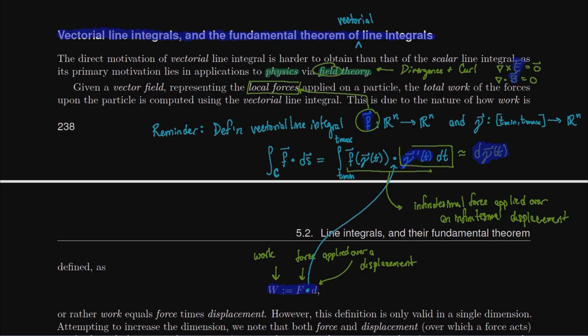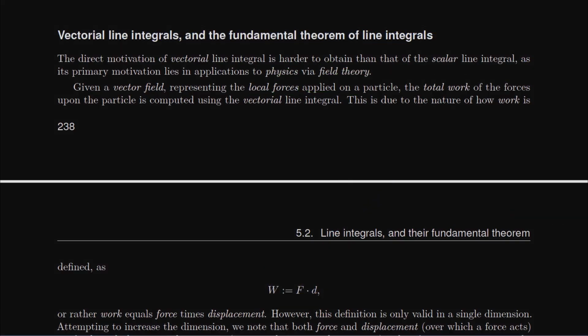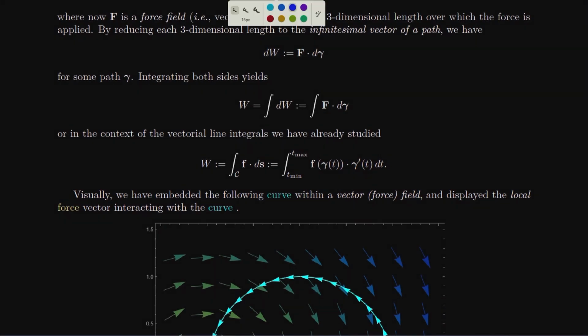You can break the path into infinitely many infinitely small vectors. That's what d gamma really is, and so that d gamma is what's getting multiplied by our force field F. So really we're just computing the total work. You can imagine it's the total work over this curve subject to that force field, and it gets computed as a line integral.